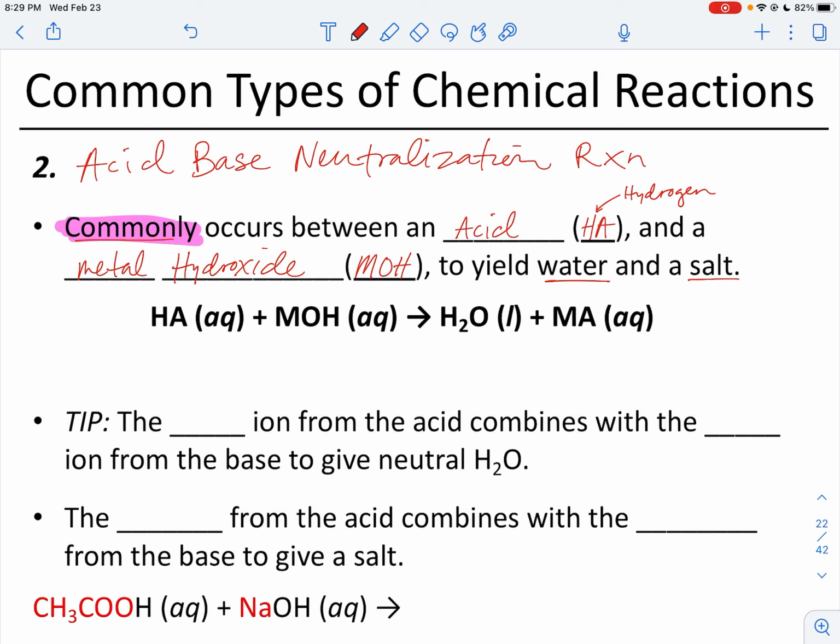So you have a generalized reaction just underneath. Here's your acid. It is aqueous, and here is your metal hydroxide. This is your base in this case. It is also aqueous, and what's going to happen is this hydrogen right here is going to be broken apart from the acid.